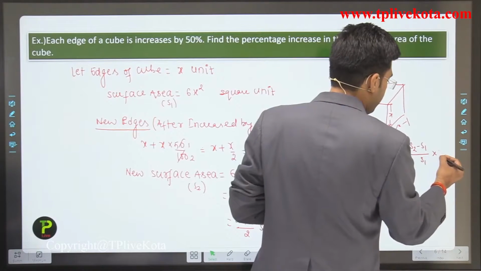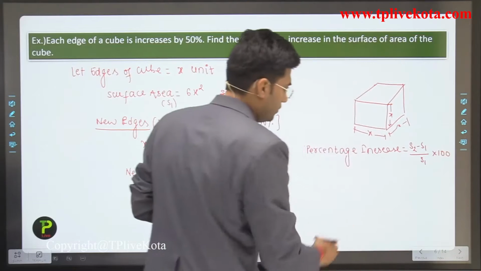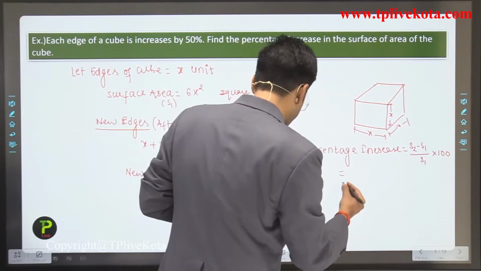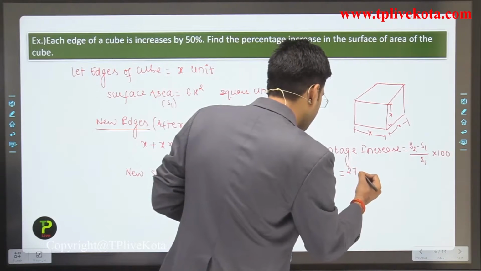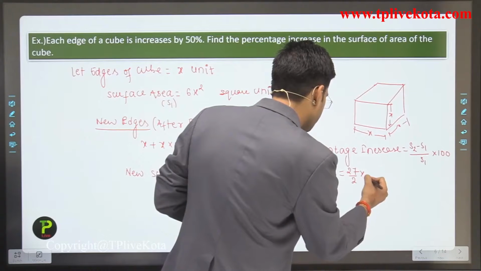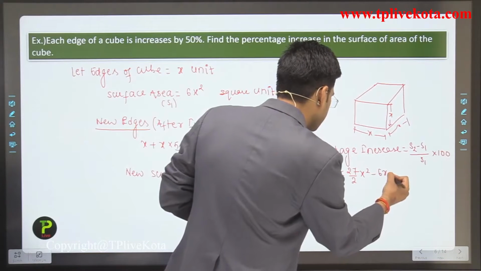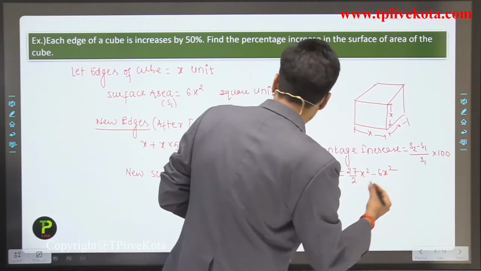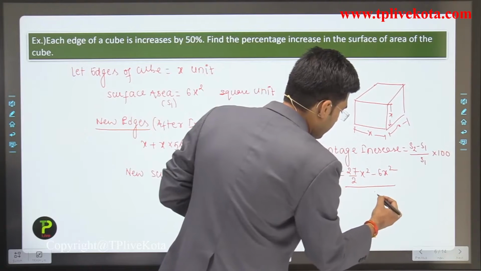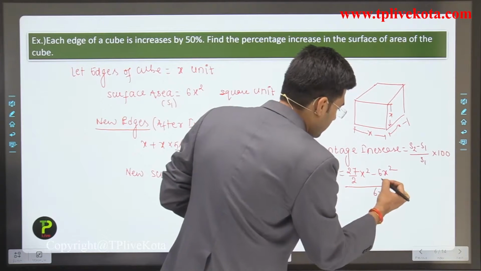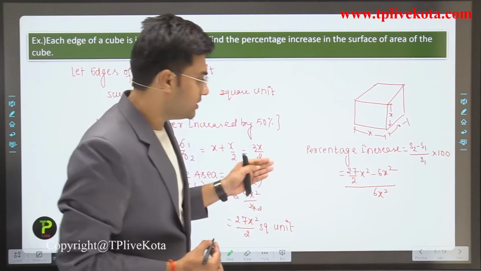So it is equal to 27 divided by 2x square minus 6x square, divided by 6x square. So when we solve this, what will we get?